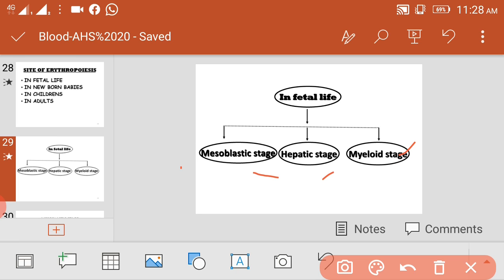Understood? Erythropoiesis is the formation of RBC cells. This formation takes place in fetal life in 3 stages: mesoblastic stage, hepatic stage and myeloid stage.